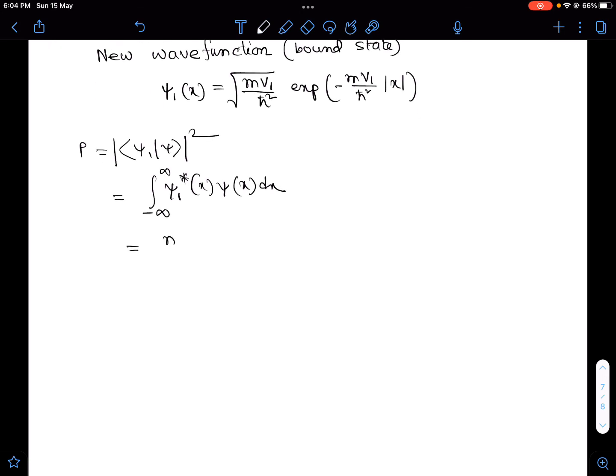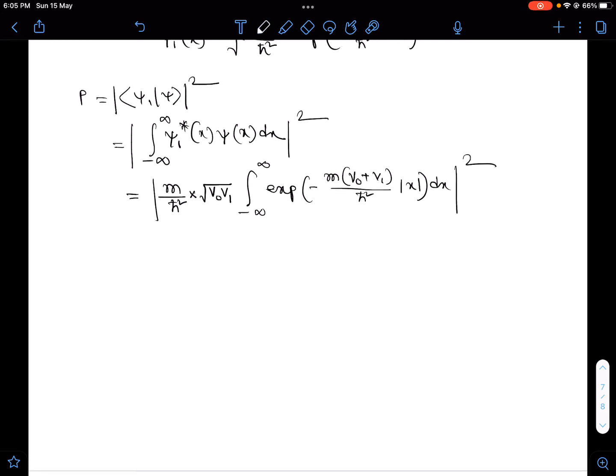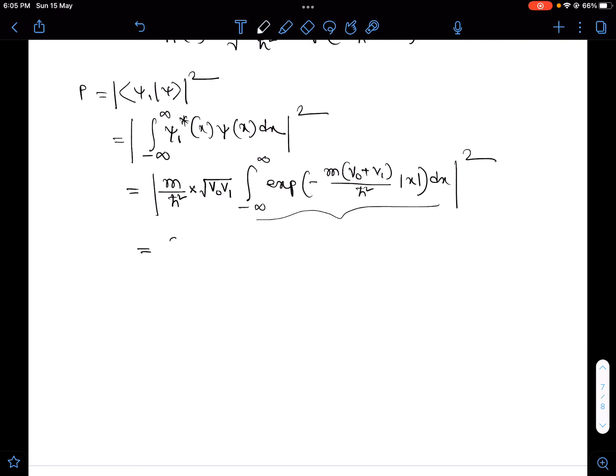So we have here m by h cut square, and here we have V0 multiplied with V1, and the integration which we have to evaluate, exponential of minus m V0 plus V1 by h cut square multiplied with mod x, and this is squared, so we have to find its squared value. From here we can write 2m by h cut square.